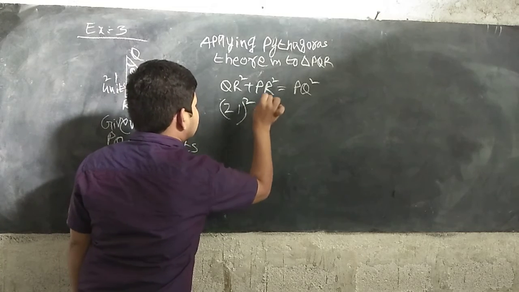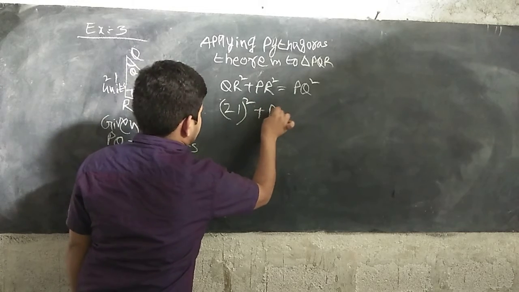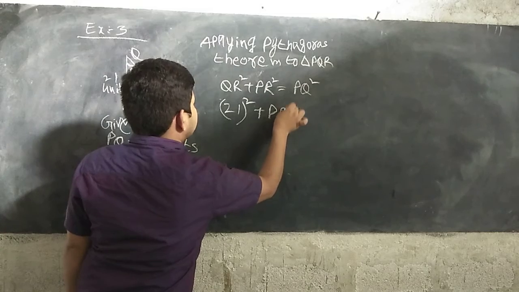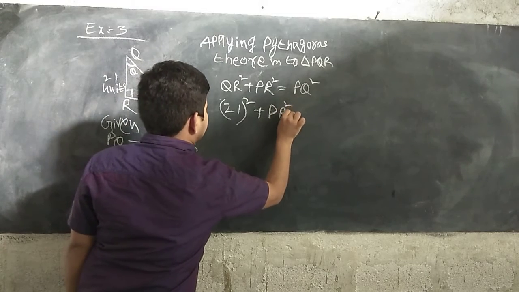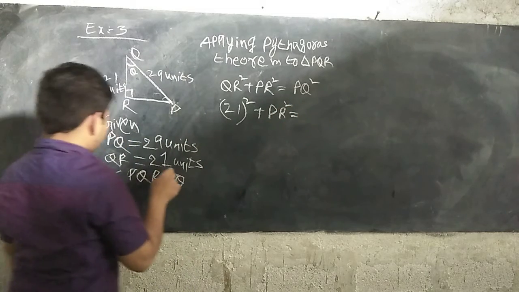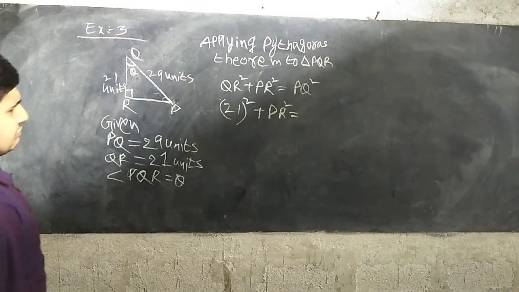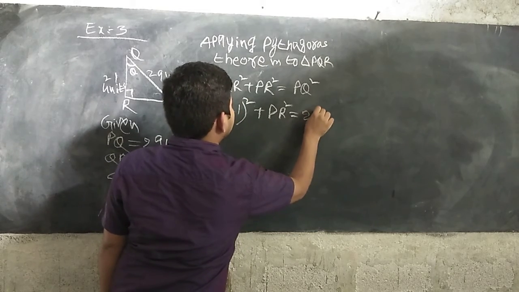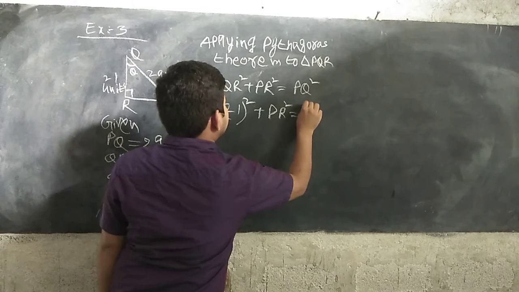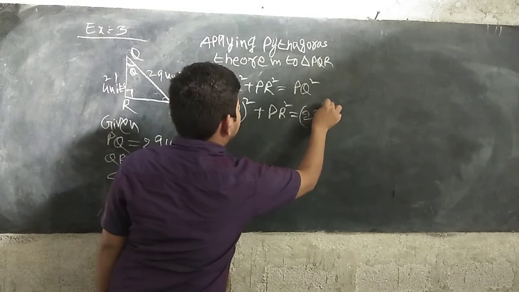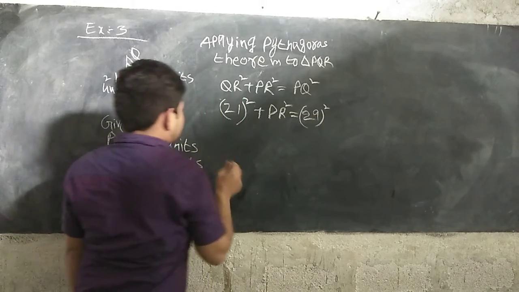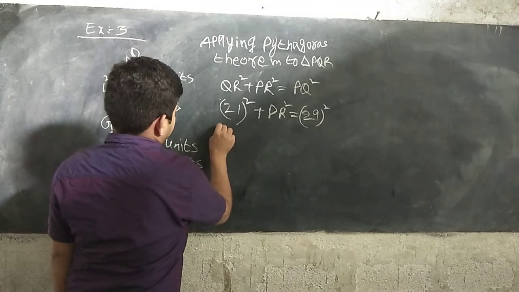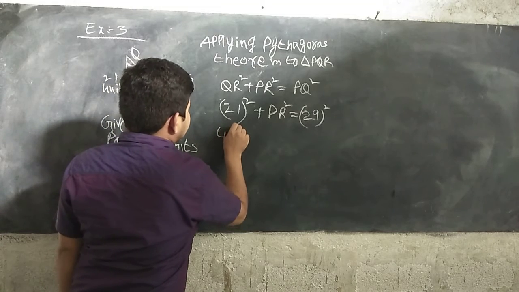PR square equal to PQ square, and PQ equal to 29, so 29 whole square. Now 21 whole square is 441.